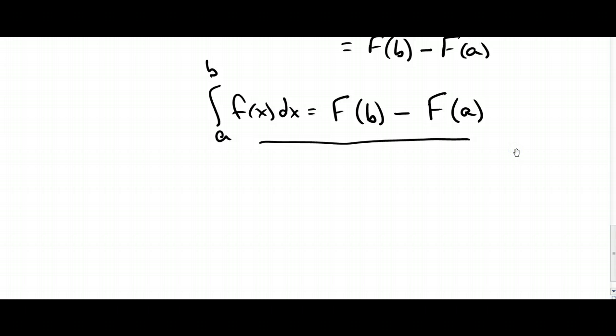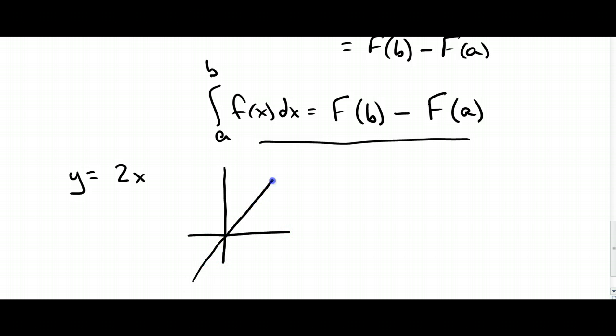Let's try this on a function. Let's say we would take the function y equals 2x. Y equals 2x. And let's go, drawing that function in, from 0 to 2.